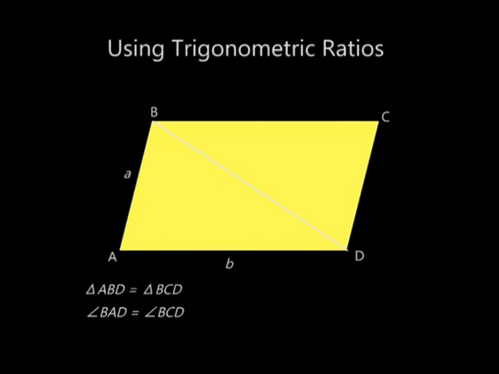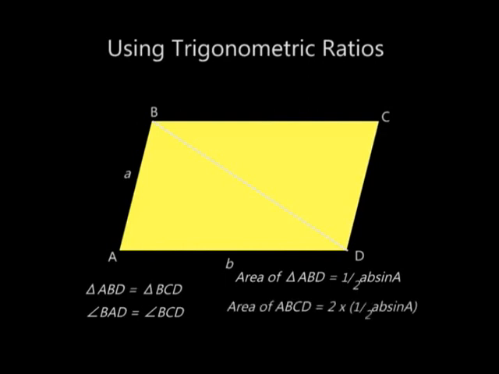Therefore, the area of triangle ABD is equal to the area of triangle BCD. Therefore, we can use the formula area is equal to a half AB sine A. And therefore, the area of ABCD is equal to 2 times the area of triangle ABD.